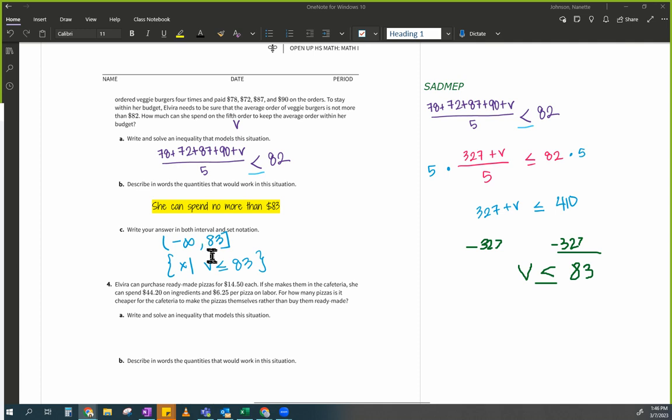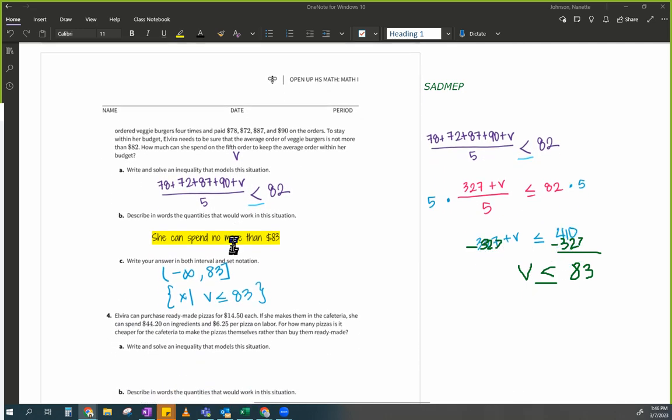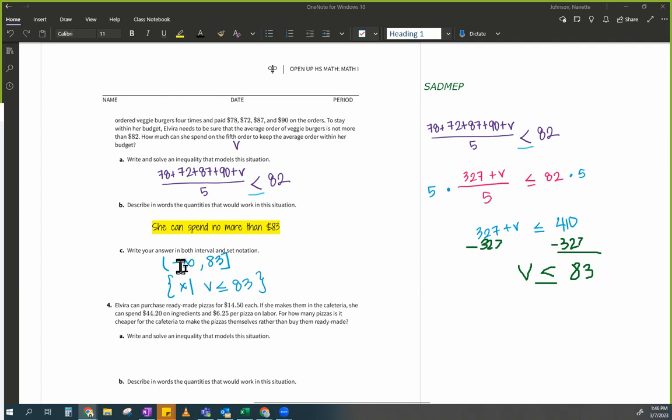Negative infinity is making me question. So let's be honest. If you wrote zero, because most of you I think wrote zero to 83, that would work here, but do you see why this would work? Is there such a thing as negative?